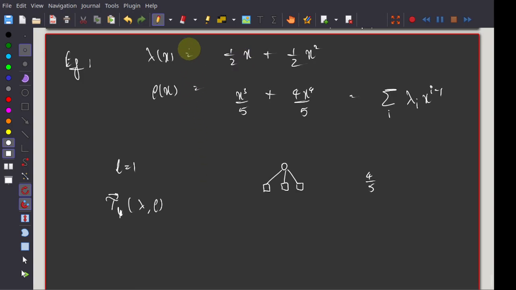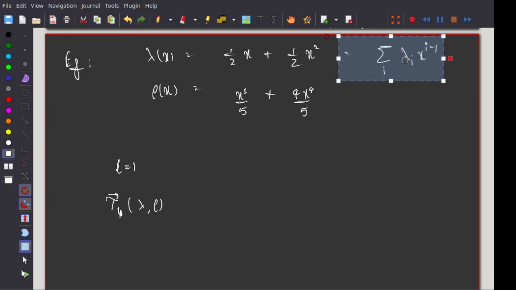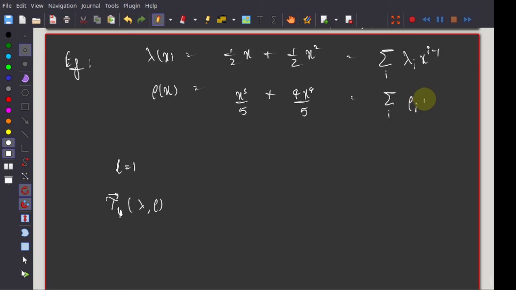Let's redo this. So this is rho. This is lambda, and this is i minus 1.